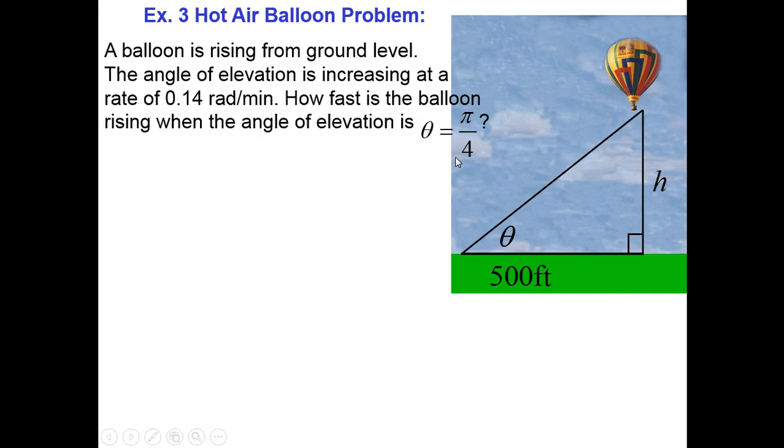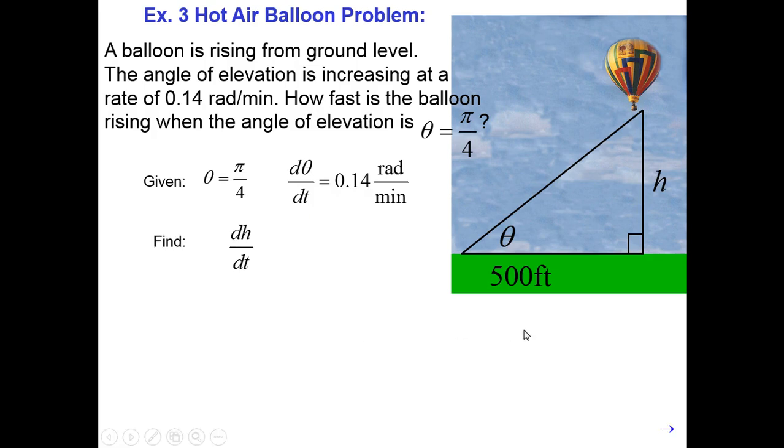We know theta is pi/4. The radians per minute, think about what quantity that would refer to in this picture. It's a rate, so that's d theta/dt. Angles are always going to be measured in radians, so anytime you see radians, you know it's referring to an angle. Radians per minute would be your d theta/dt, your rate.